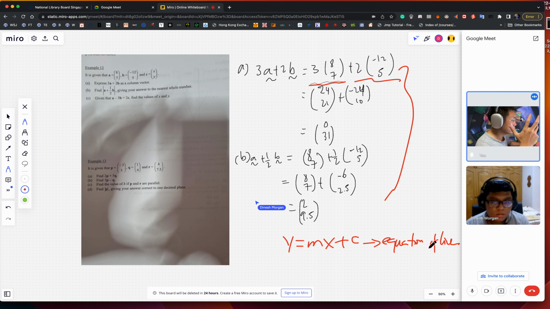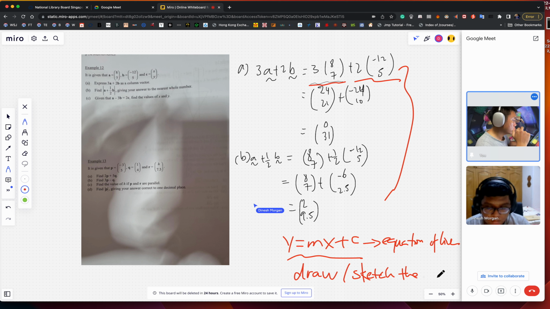So if this is the equation of the line, and you are asked to draw or sketch the line on some graph papers, right?